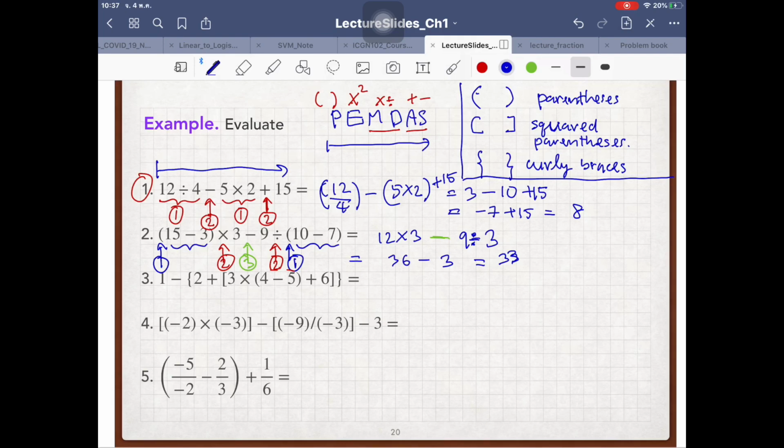Okay, so here again, if you look back to this problem, we have lots of parentheses, all right? So in this case, we can say that we have nested parentheses.